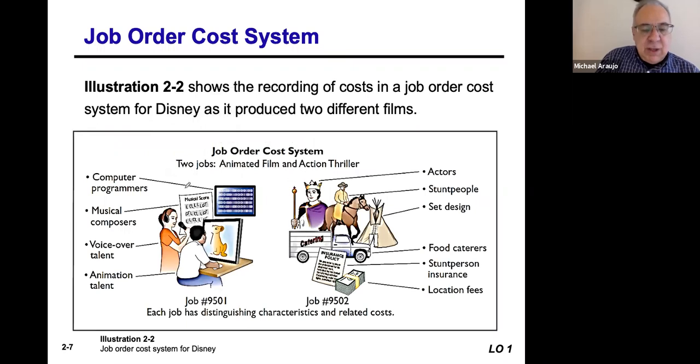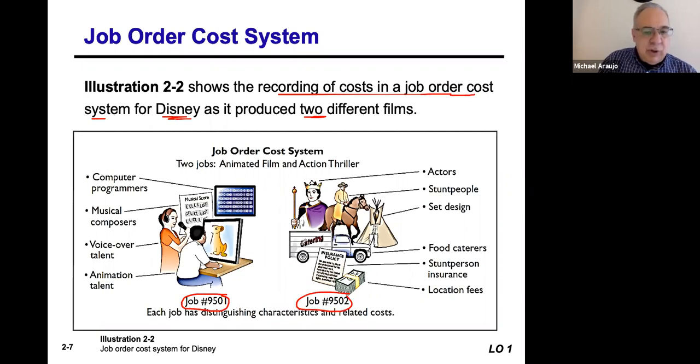So here is an illustration of recording costs through a job order cost system for a company like Disney in producing two separate films. So two separate films would mean one film is job 9501, the other film is job 9502.